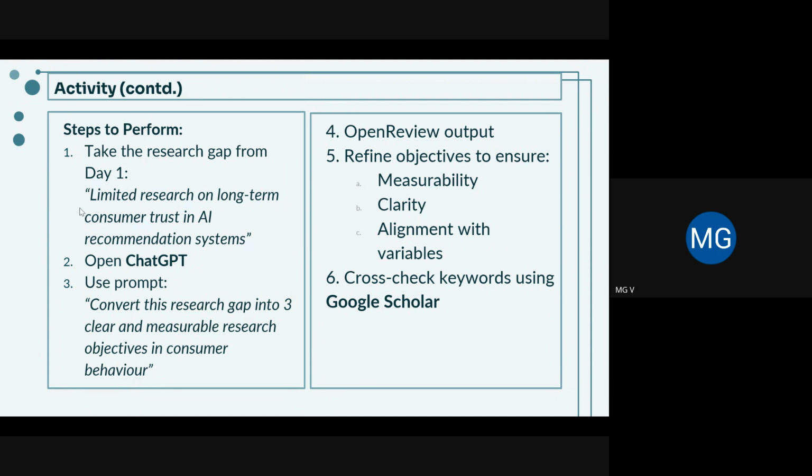Then you can open ChatGPT and use the prompt: convert this research gap into 3 clear and measurable research objectives in consumer behavior. Then you can review the output and refine the objectives to ensure measurability, clarity, and alignment with variables, and then cross-check the keywords using Google Scholar.